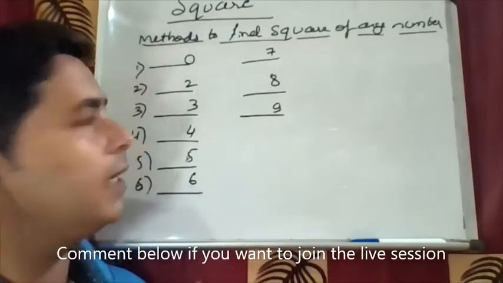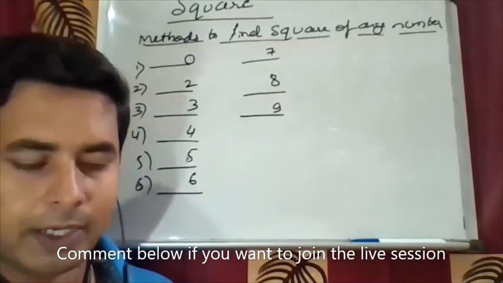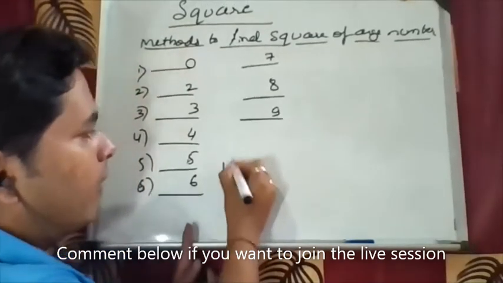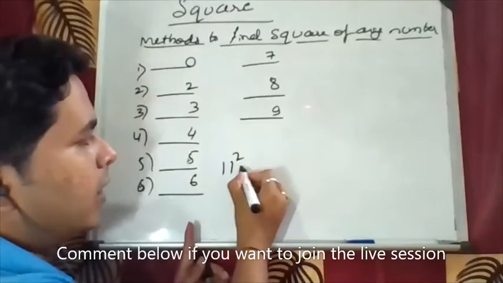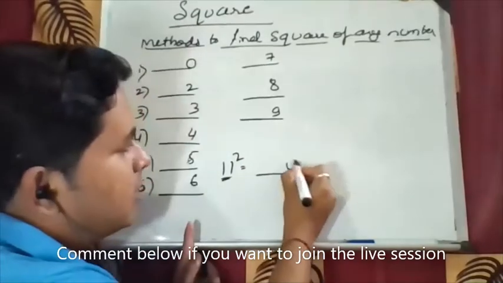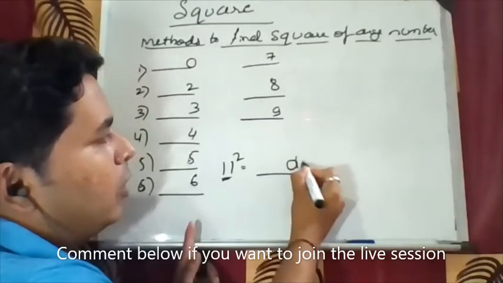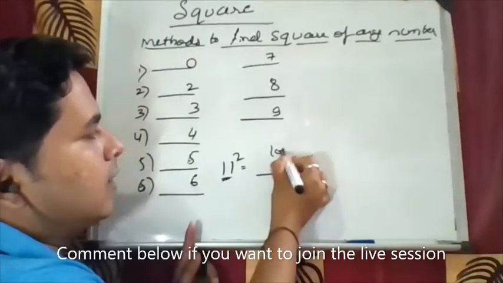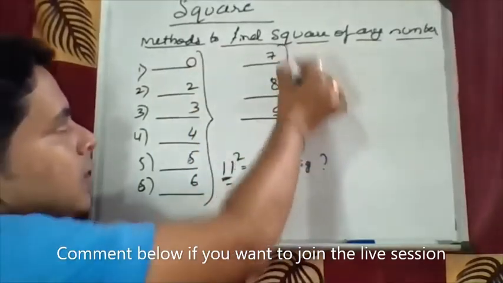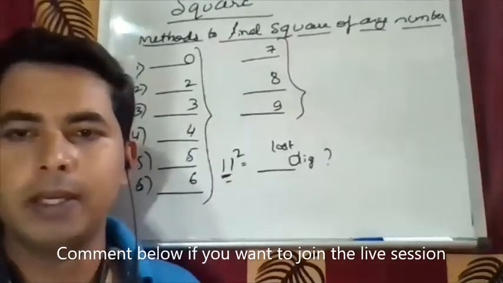It also helps in this way: suppose I have found 11 square, they'll ask what the unit digit, or last digit, will be. So these rules will help in two ways.